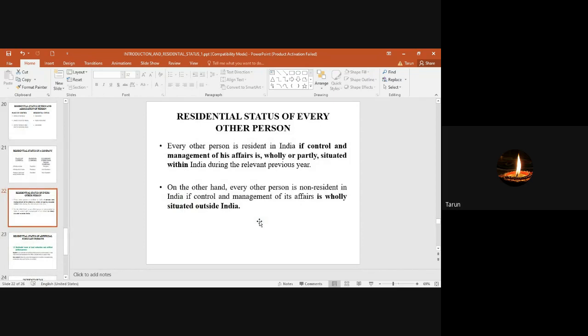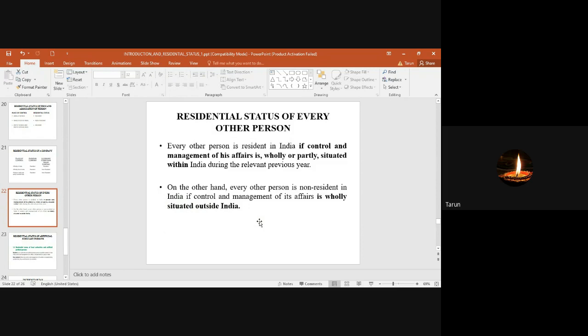Now we talk about the residential status of every other person. Every other person is resident in India if control and management of its affairs is wholly or partially situated within India during the relevant previous year.